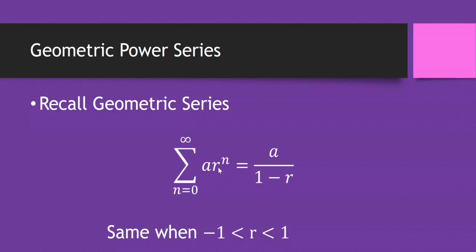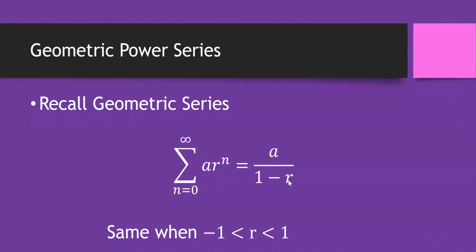So these two things are the same when r is between -1 and 1. Our goal is to write a function in a way that looks like a over 1 minus r. And if we can do that, then that function can be written as a power series, a times r to the n.